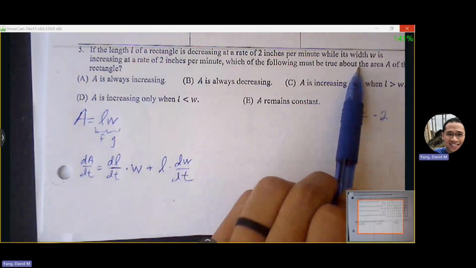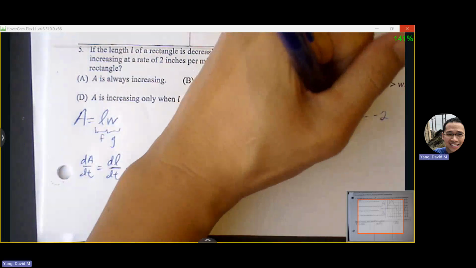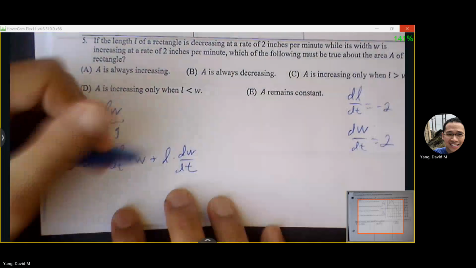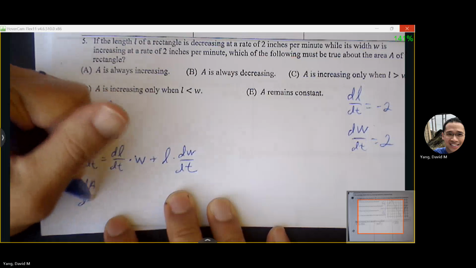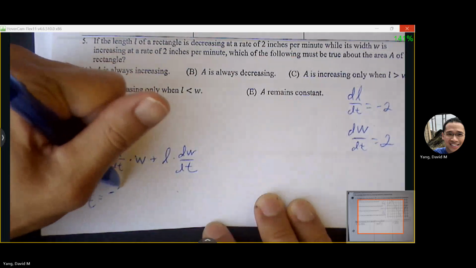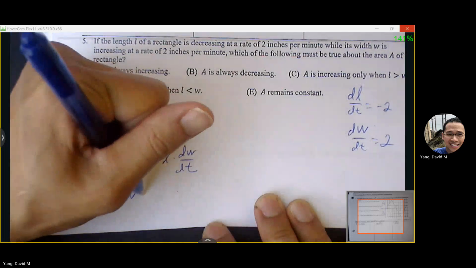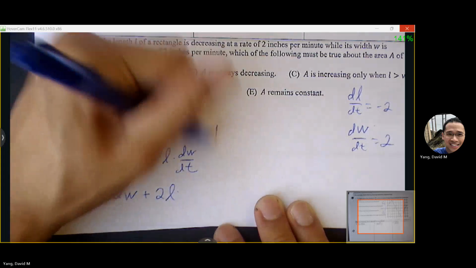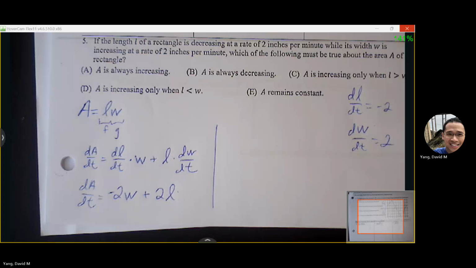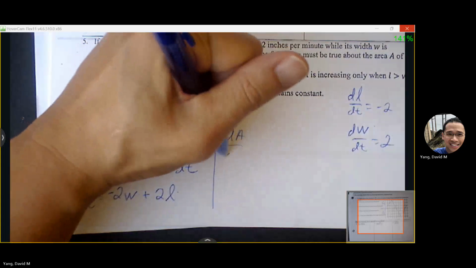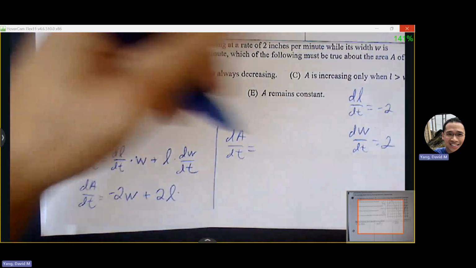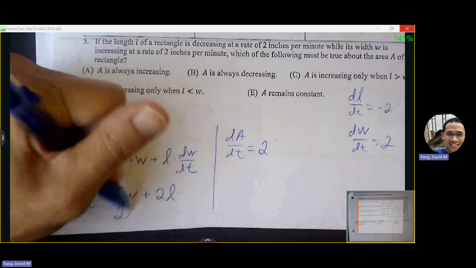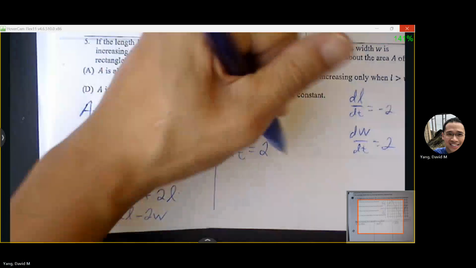What can we say? dW/dt is +2. So if I factor the 2 out, I can get the same thing as 2L minus 2W.